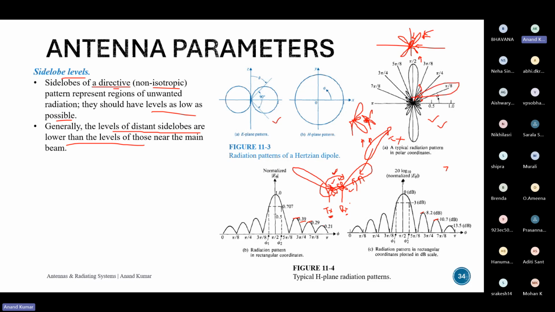Then it could be very random. But it is usually true if you are making some non-isotropic or directive antenna, the side lobes next to the main beam will usually be higher, and we try to suppress them because we only want high power inside the main beam.